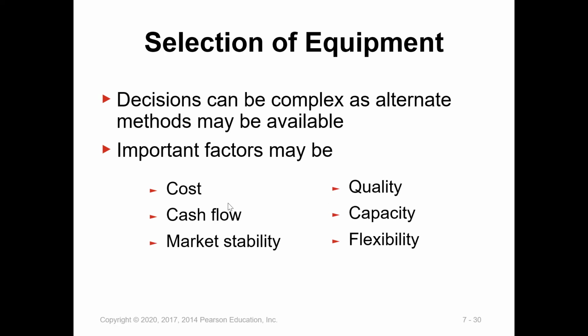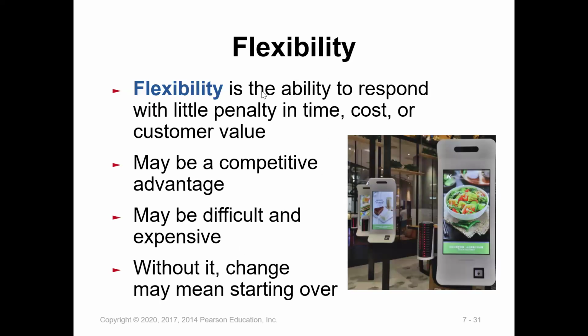So if you are making products or you provide a service with high price, even if the quality is good, you'll attract some customers, but not too many. Okay. Flexibility, market stability. Okay. These factors decide your decisions.